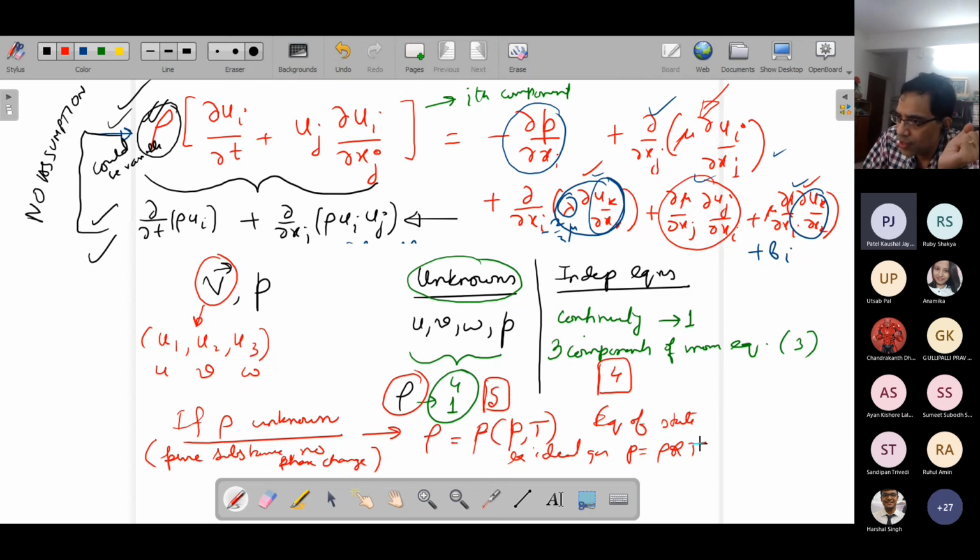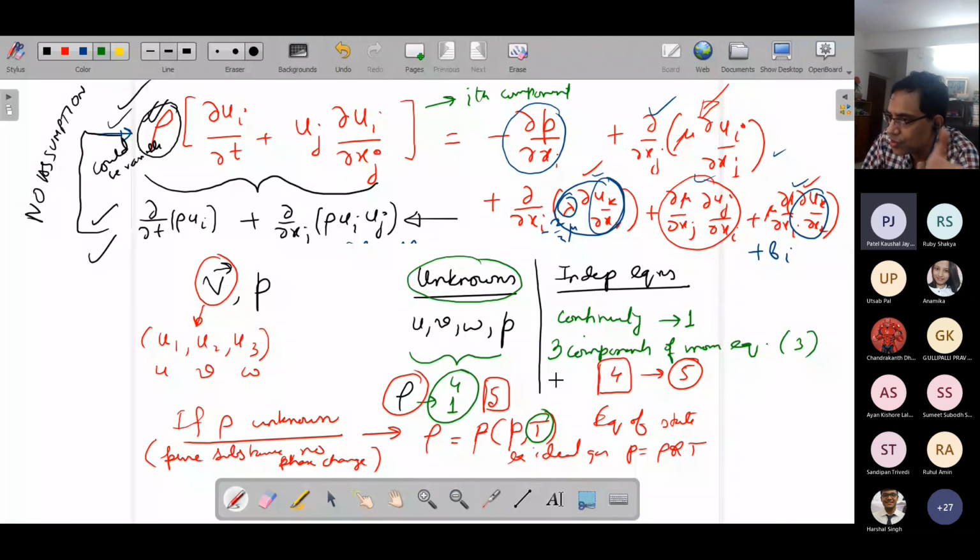So in that way, you are getting one more equation. So 4 has come to 5, but you have also got a new variable, which is temperature. So it becomes closed again if temperature is constant, right? If temperature is constant, then you have same equation and same unknown, right? Because then it's like a constant.